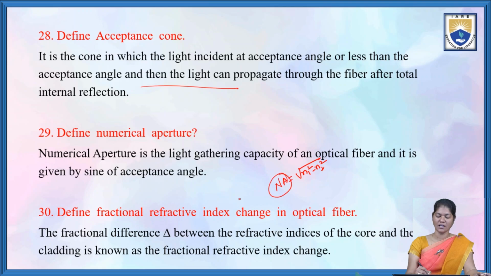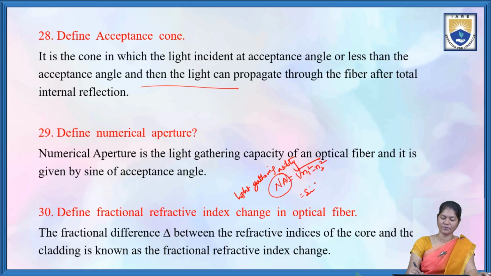It is the light gathering ability of the optical fiber, and also it is the sine of the maximum acceptance angle.